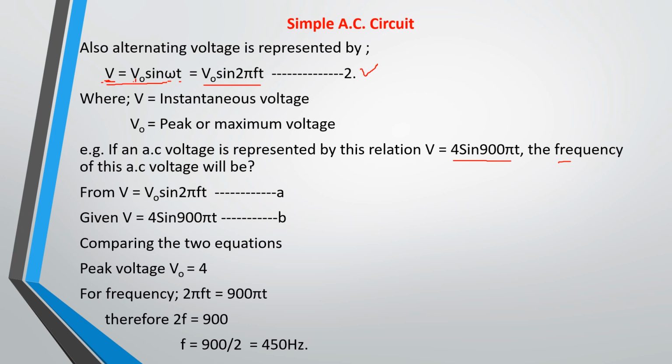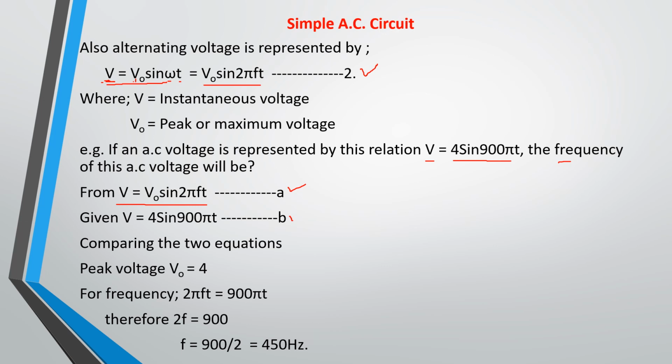In this particular equation, you are given the instantaneous voltage. What you do is bring in the wave equation for voltage, and this is the equation. Now you compare it with the equation that you are given. So this is what you are given, and this is the wave equation for voltage.